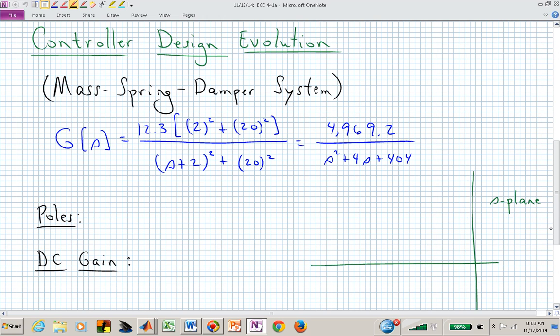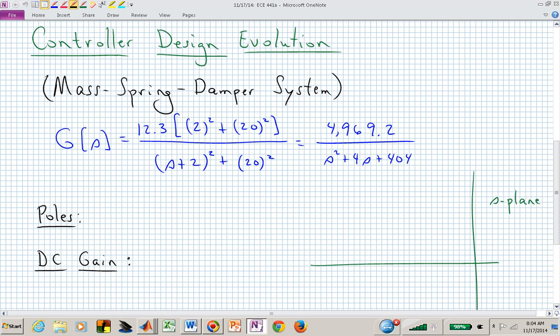Here is a representative mass spring damper system that's somewhat like what you might have in your system in the lab that you're working on. Here, the denominator, I have it written as a factored complex set of poles.